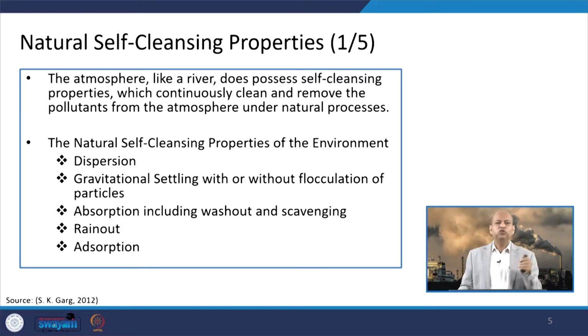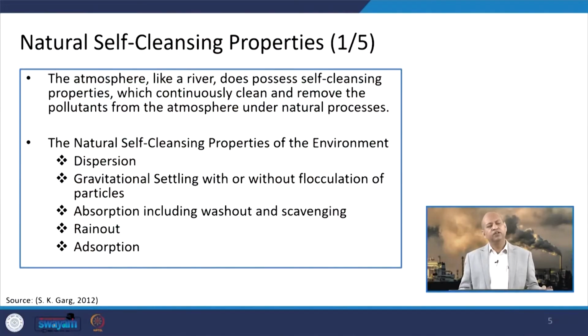So, the atmosphere also, like rivers, has self cleansing capacity. You emit something, after some time the air will be clean. For some time it will be polluted, but depending upon how much quantity of the pollutants you have released, if it is small, after some time it will be clean, because it will disperse, it will be diluted, or it will be transformed into some other compounds or chemicals.